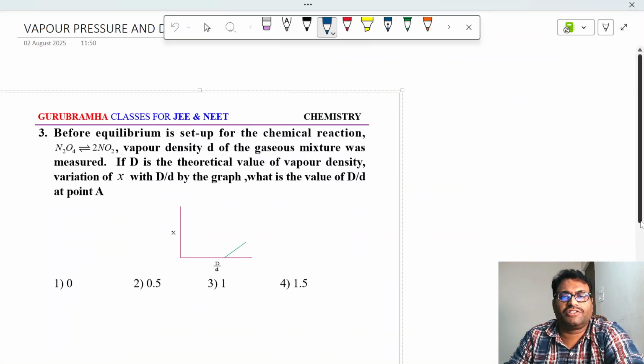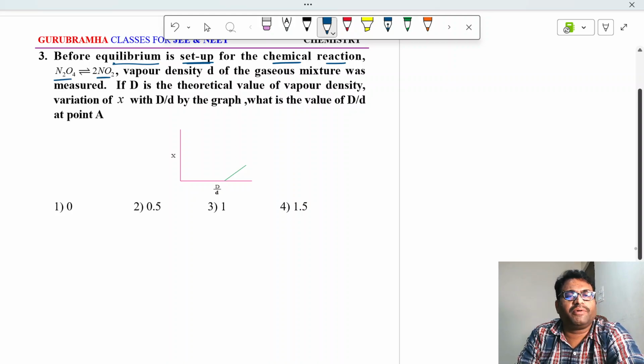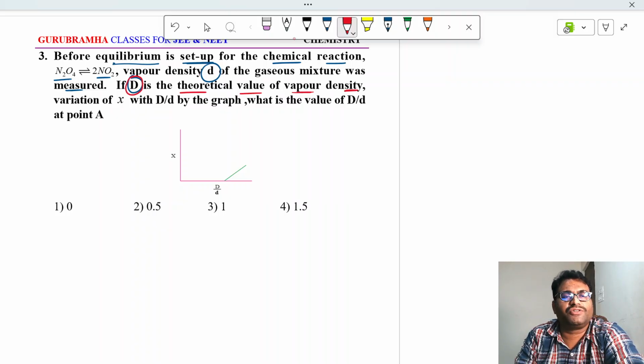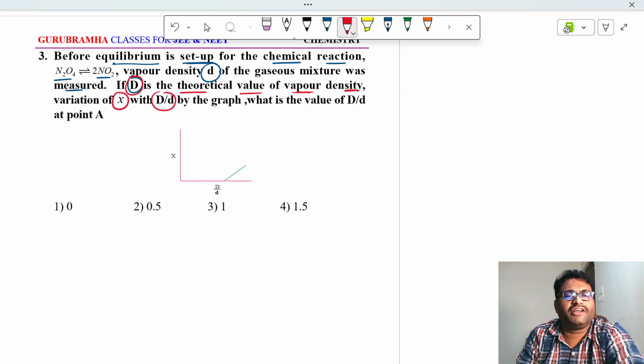The next question: before equilibrium is set up for the chemical reaction N2O4 gives 2NO2, the vapor density d of the gaseous mixture was measured. If D, capital D, is the theoretical value of vapor density, that is before dissociation, the variation of x and D by d is shown in the graph.